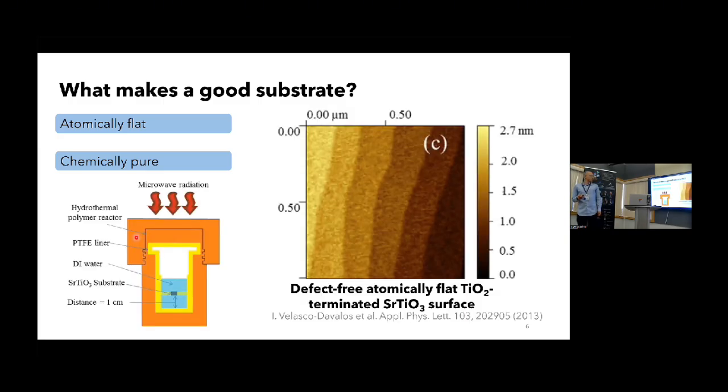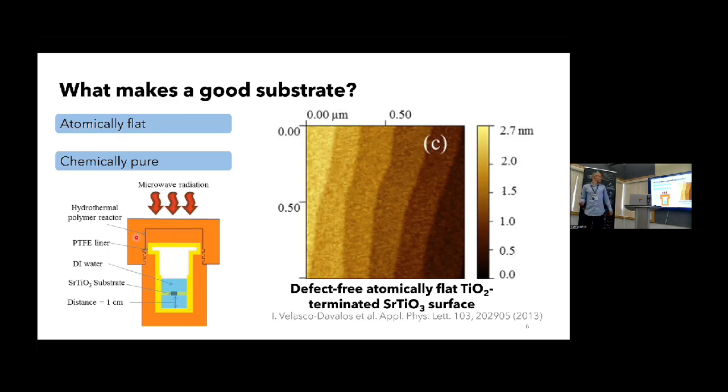And 10 years ago, a former colleague was able to produce defect-free atomically flat titanium dioxide terminated strontium titanate surfaces. This was actually very special because beforehand people used HF, and as a result we get fluoride doping in our strontium titanate surfaces, so it's not defect-free.